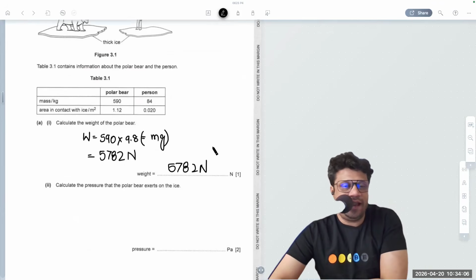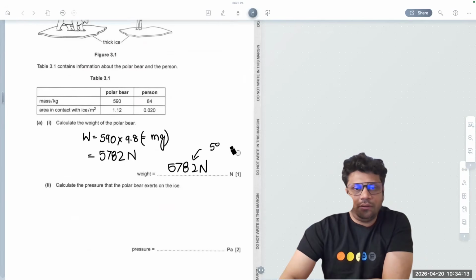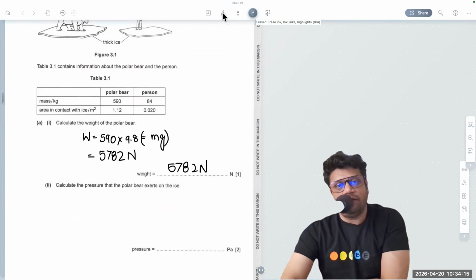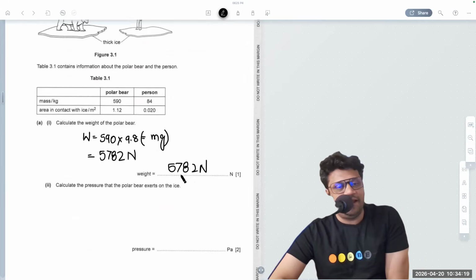Although rounding it off to 2 SF, 5800, is not wrong. I don't have the marking scheme, but it'll be fine if you put 5782.